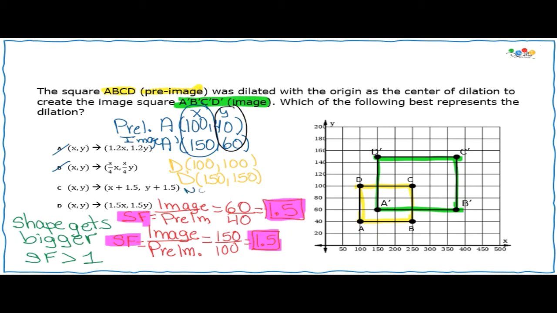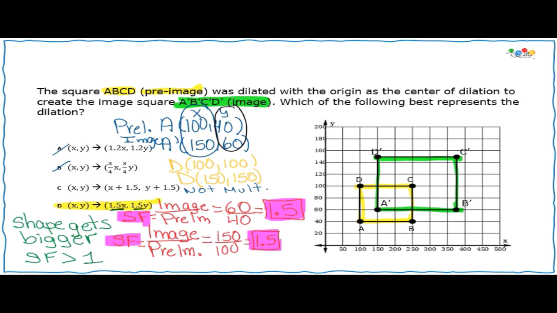This one is not multiplication. And scale factor has to do with multiplying or a comparison, depending on the question, right? So notice how right here, there's your 1.5 and 1.5. So yeah, the answer should be letter D for us.